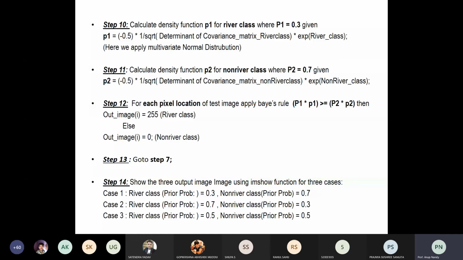You will have only binary values, 0 and 255. How do you put it? If the condition is satisfied, then in the output image, which you will have to create as another array, simply out image I equal to 255, otherwise out image I equal to 0. The size of the output image will be 512 into 512, because the size must be the same, otherwise you cannot print it.